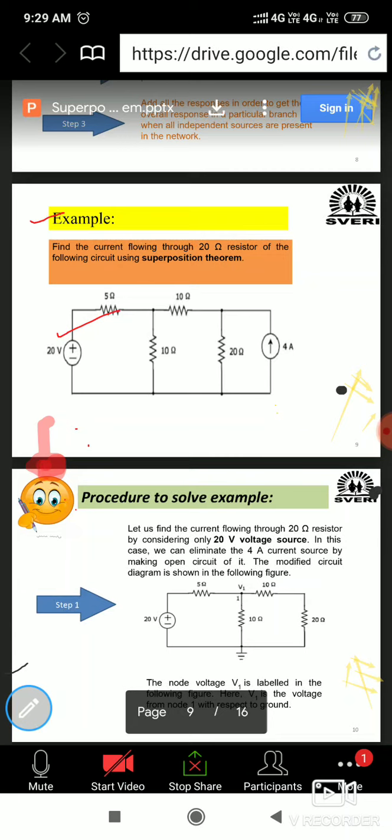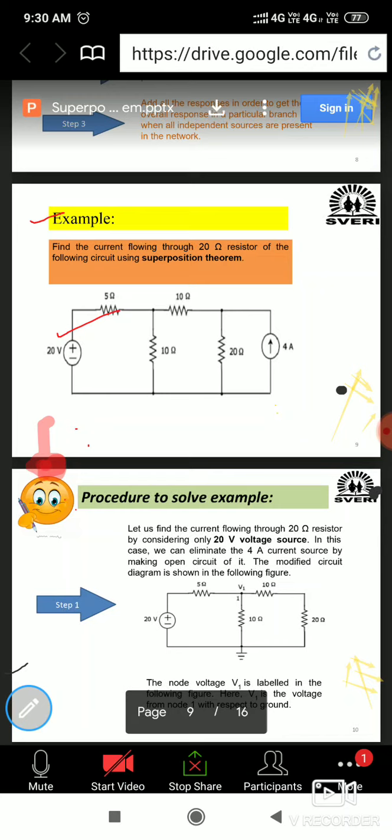If they are not mentioning any theorem, and only ask to find the current passing through the 20 ohm resistor, then you have an option. But if they mention the theorem, then you have to solve such problems using that particular theorem only.